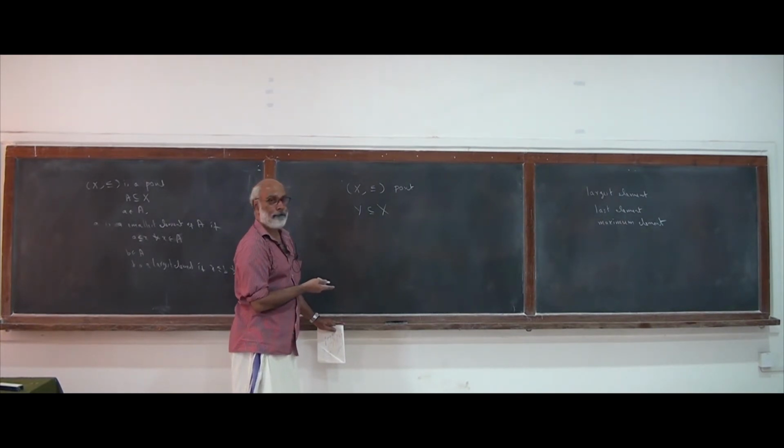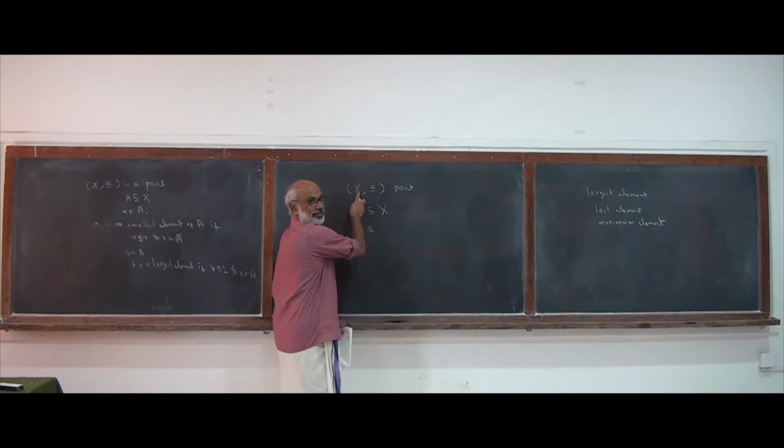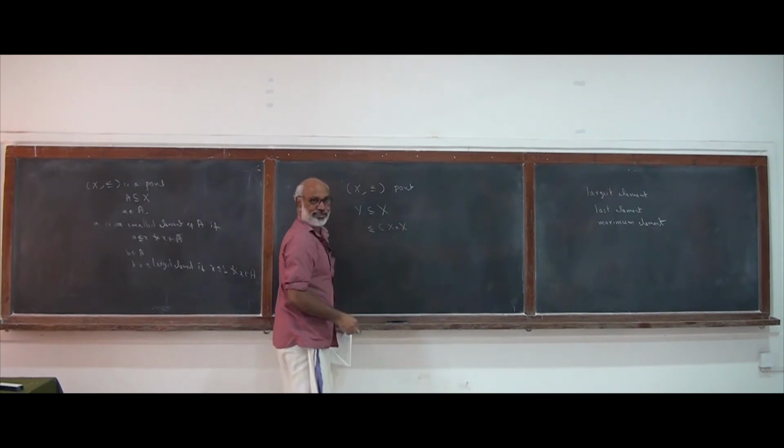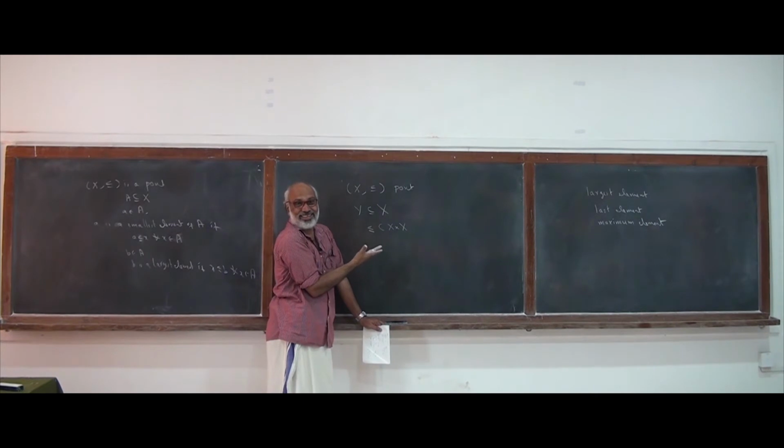How? Less than or equal to is a partial order on X. That means it's a relation on X, that is, a subset of X cross X. That means less than or equal to is actually the collection of some ordered pairs of elements of X.